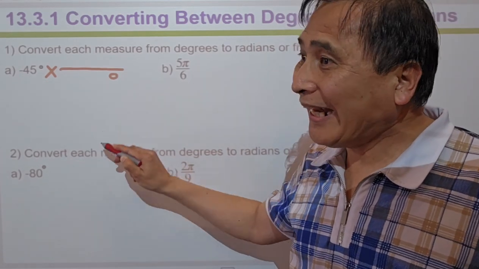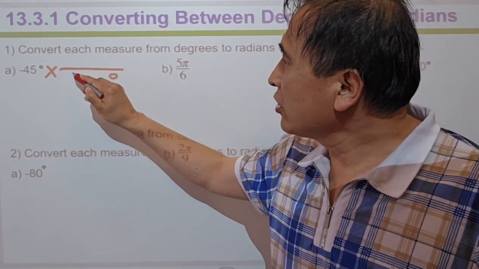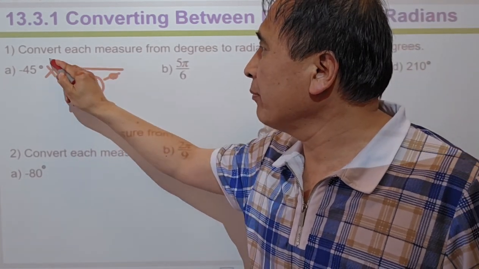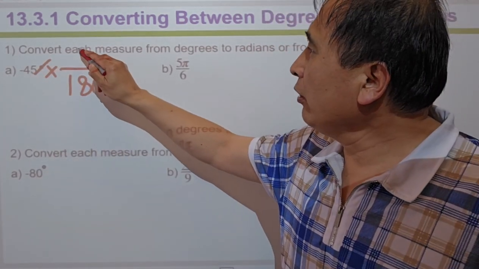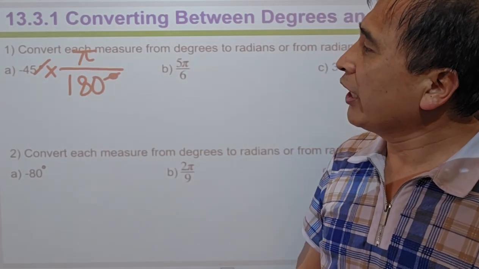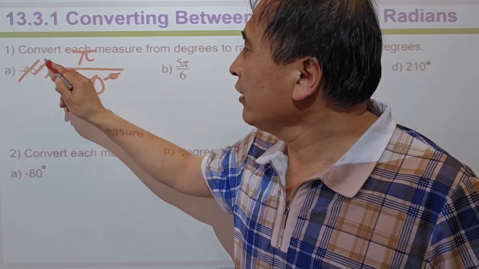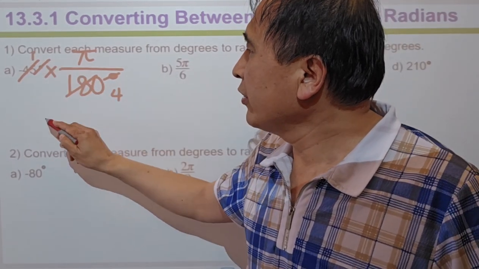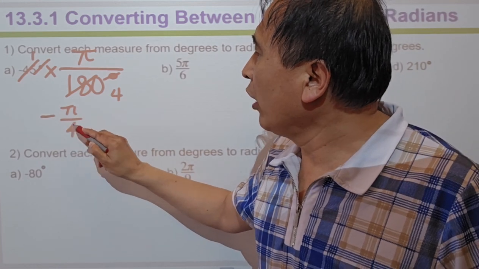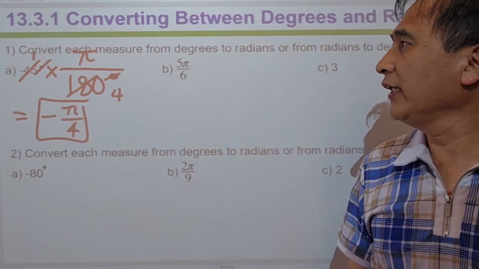Because 180 degree is pi radian, 180 degree goes at the bottom, the degree cancels out, and it becomes radian. On top, pi, because 180 degree is pi radian. So you can cancel out like that. Then this is a 1 over 4, so negative pi over 4. That's the radian for negative 45 degrees, right?